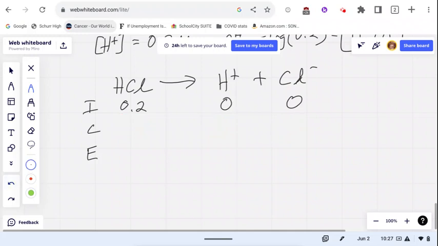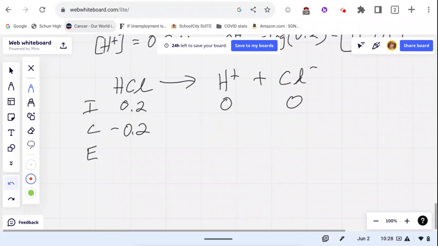In a strong acid, all of the initial concentration dissociates. So minus 0.2 here, because the coefficients here are 1 and 1 and 1, okay, because they're all the same, then we know that they're equal molars.